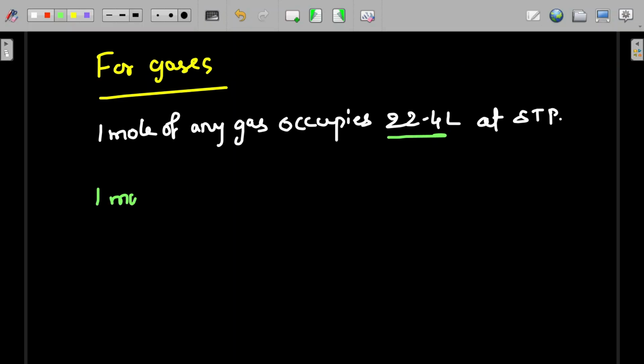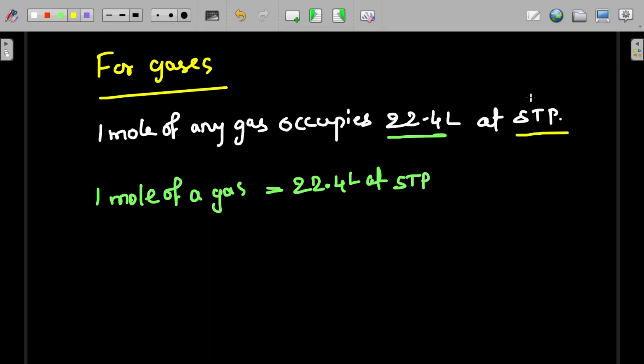So 1 mole of gas is 22.4 liter at standard temperature and pressure. Sometimes instead of standard temperature and pressure, they may give you pressure 1 atm and 0 degree Celsius or 273 Kelvin. Then you should understand it is standard temperature and pressure only.